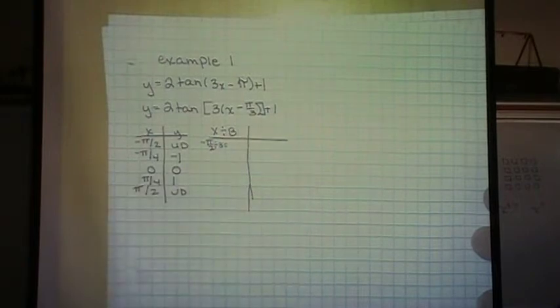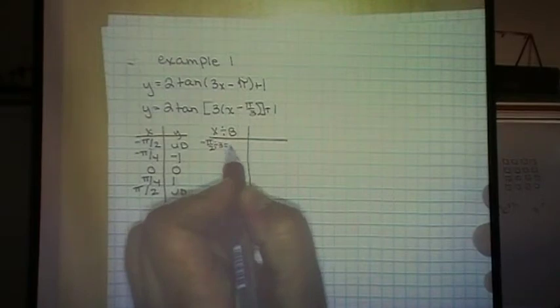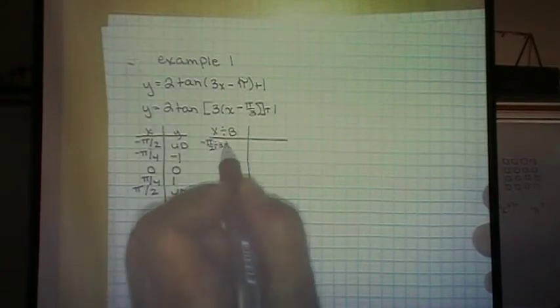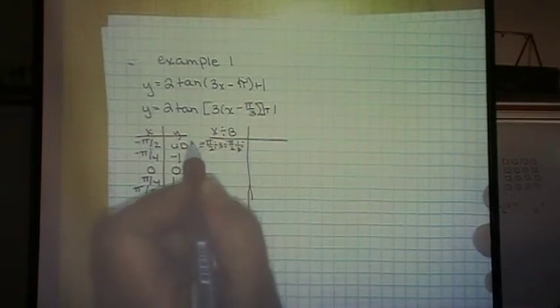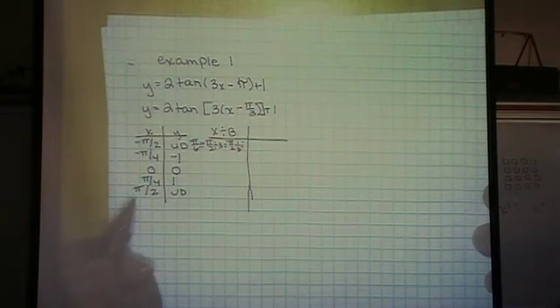Well, dividing by 3 is the same as multiplying by 1/3. So that's negative pi over 2 times 1/3. And that's actually negative pi over 6. And I'm actually going to put that way over here. Okay, so there's my negative pi over 6.